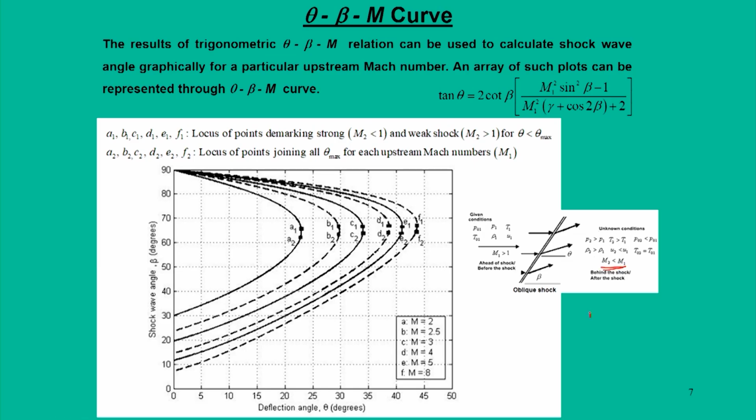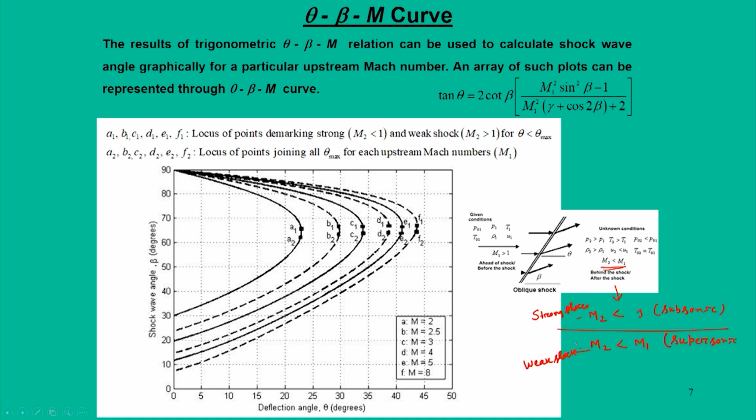Now, M2 less than M1 means M2 can also be less than 1, so the flow can be subsonic, or M2 can be less than M1 where the flow is still supersonic, and this happens in the downstream. So, these are the two extreme possibilities of the Mach number in the downstream. This particular case refers to a strong shock situation, and this particular case refers to a weak shock.